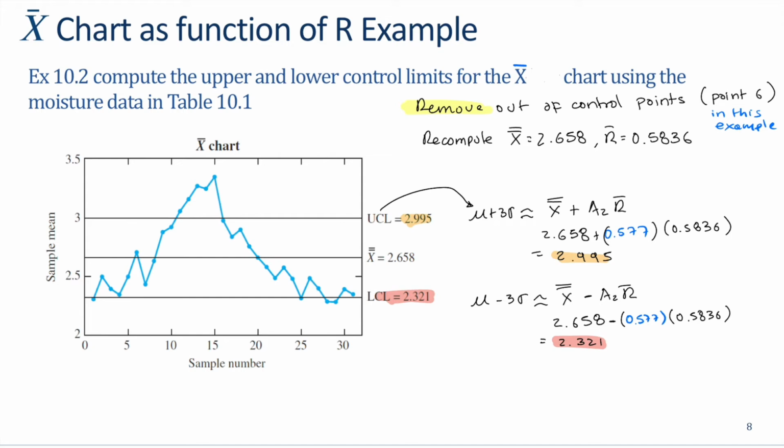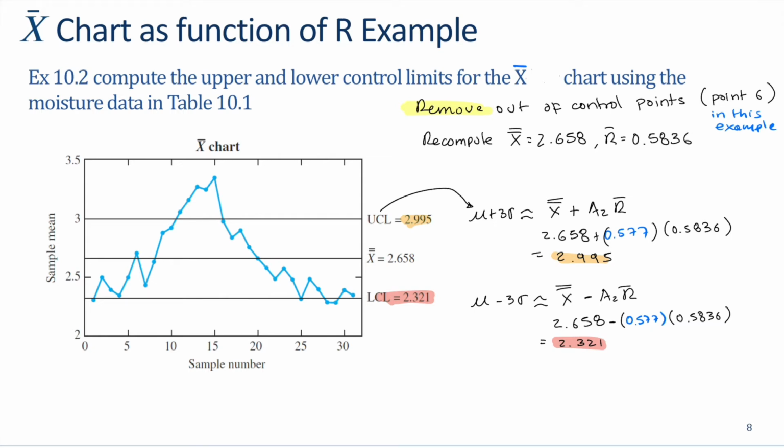And we are going to use the data from example 10.2. Now, remember that to start the X chart, we need to be sure that all points out of control are removed. So in our particular case, we have to remove 0.6.